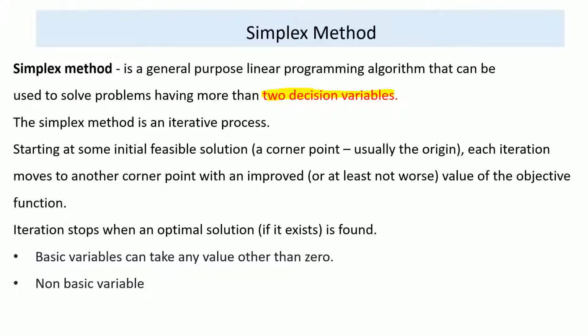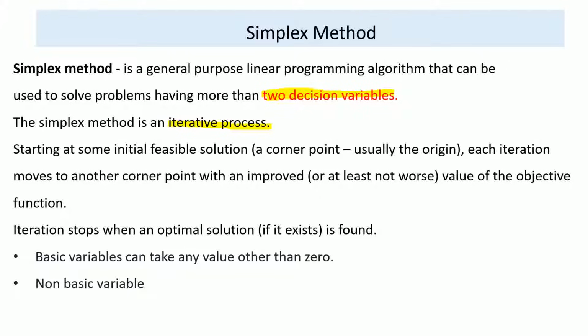The simplex method is an iterative process. It is an iterative step-by-step process starting at some initial feasible solution, or we can say corner point, usually the origin. Then each iteration moves to another corner point with an improved or a better, or at least not worse, value of the objective function.